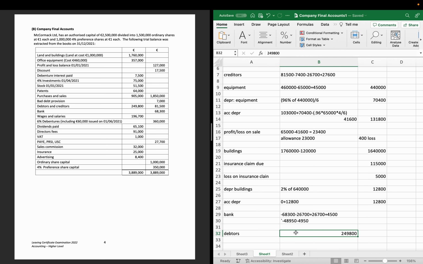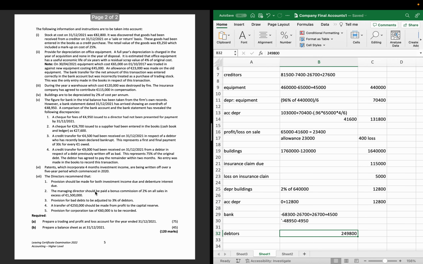We have to take away the full amount of the debt. So that 4.5 represents 30 cents in the euro. For every euro he owes us, he's only given us 30 cents back. So that'll be 4,500 divided by 30% multiplied by 100.